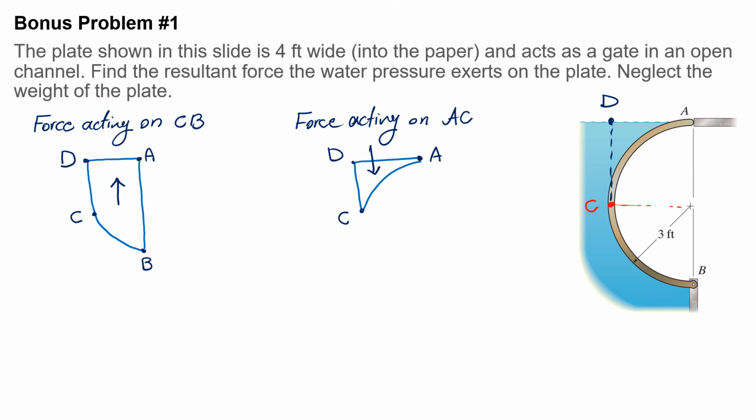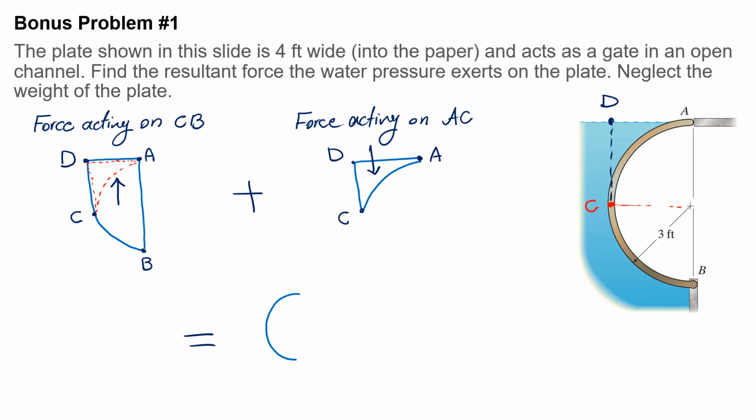Okay, so instead of calculating both of these forces, because already polygon ABCD has this part in it, look at it. I'm going to actually show it to you. So these forces actually cancel each other out, right? So the only thing that I need to calculate is this part.